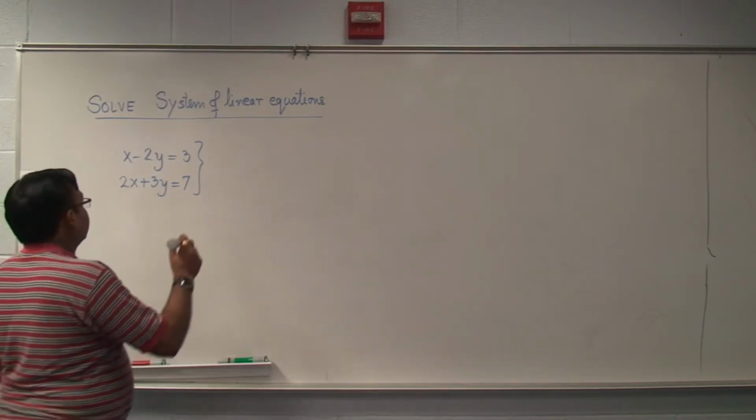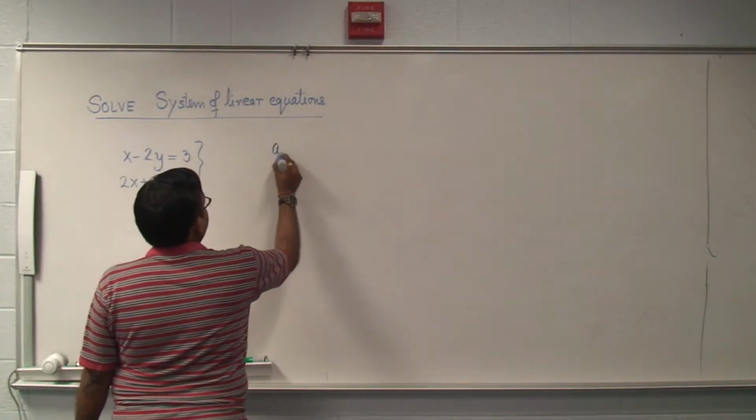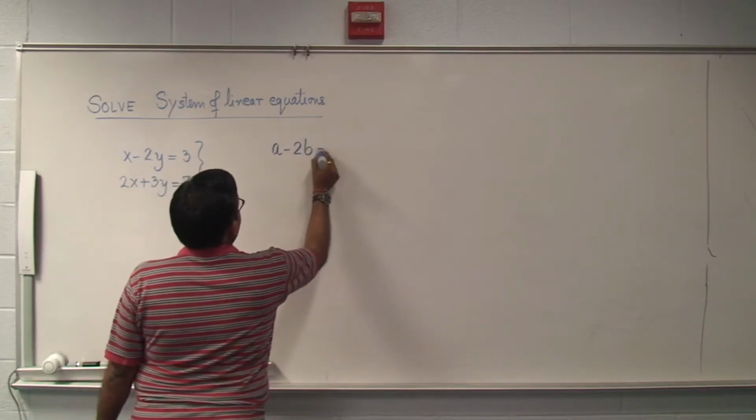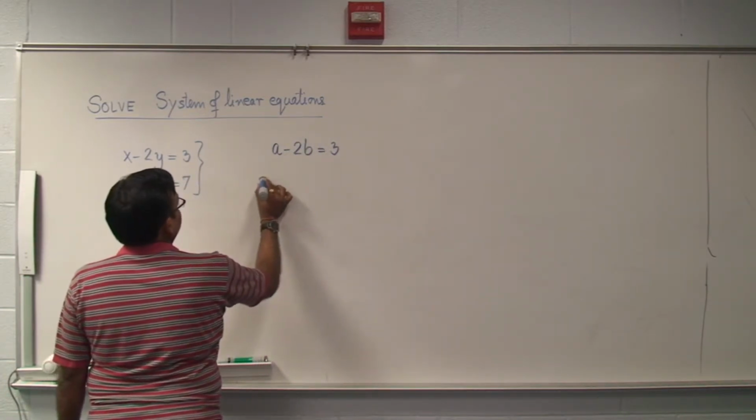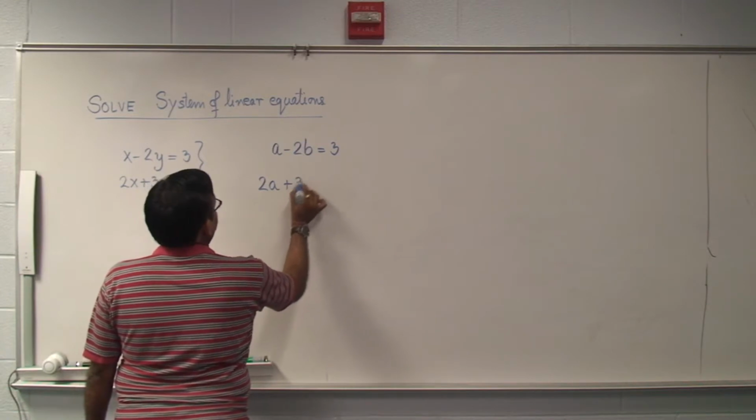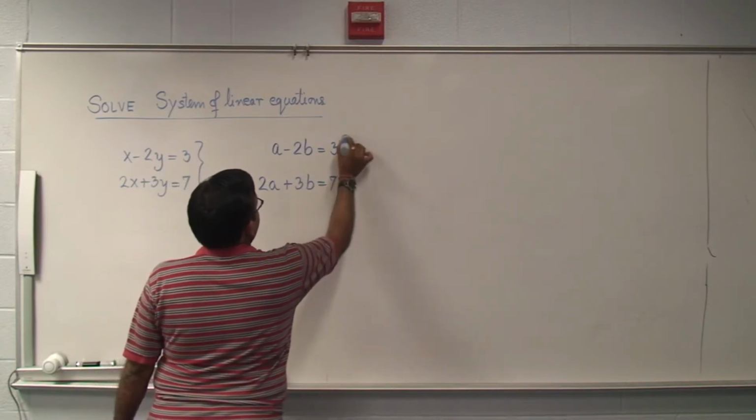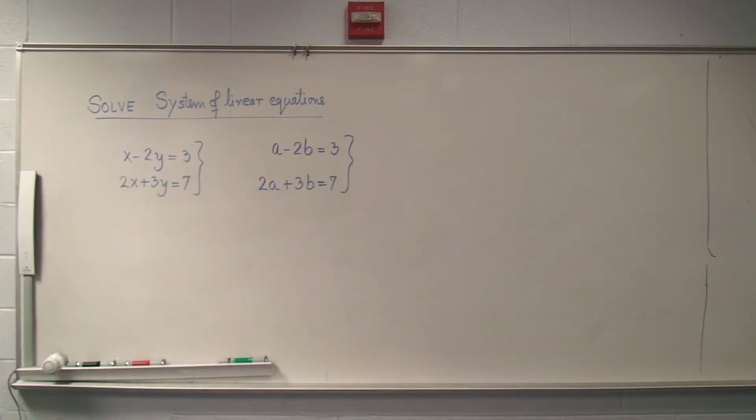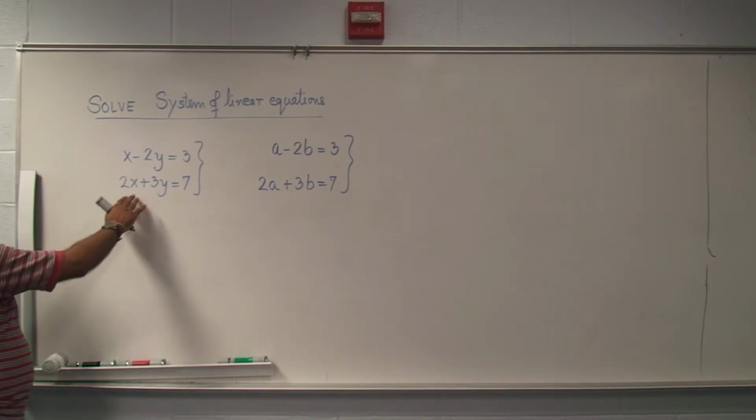Now, if I write this same system, but suppose I give different names to the variables, can I say that these 2 systems are exactly the same except for the names of the variables that I've used? So the point is, these 2 represent some straight lines.